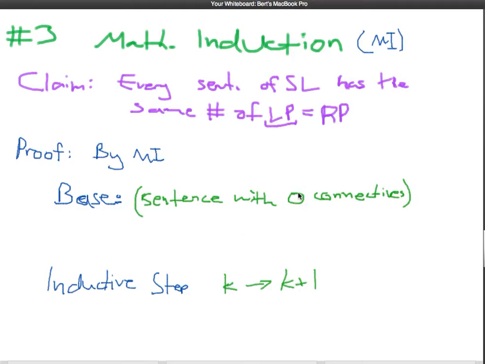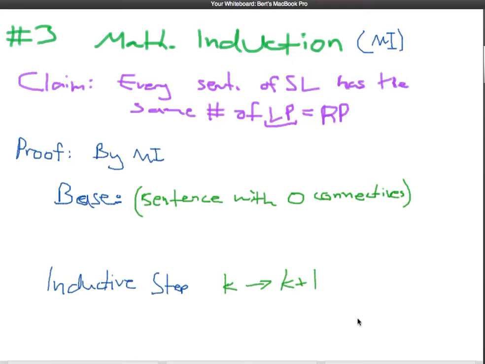So the reason why it's called mathematical induction is because we're still using numbers to actually do the induction. It's just that what the number is representing is the number of connectives in our sentence. So our base case is going to be the group of sentences that have 0 connectives.